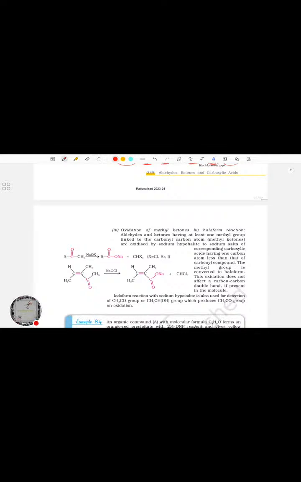So basically this methyl group is removed and the hypohalite's halogen part will be added to this methyl group. This oxidation does not affect a carbon-carbon double bond if present in the molecule. So it basically just removes the CH3 group.